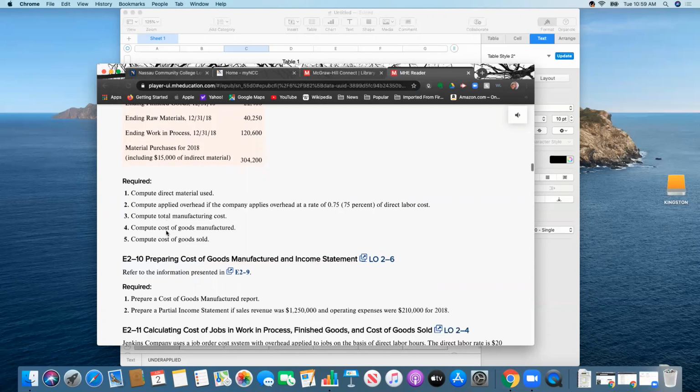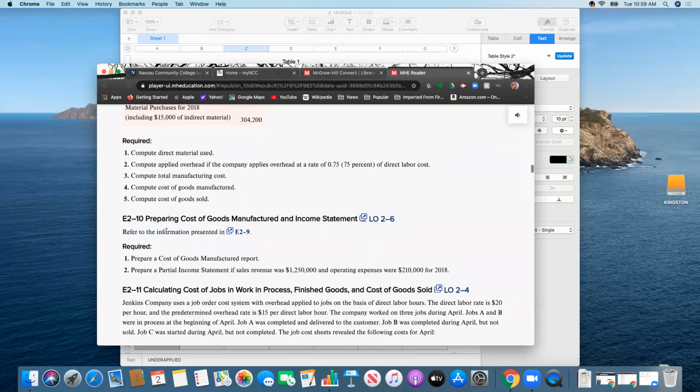Okay. And then what they want you to do in number 10 is prepare a cost of goods manufactured report. So what I'm thinking is if we prepared this cost of goods manufactured report, we would be answering number 1, number 3, and number 4. Right? And then if we prepare a partial income statement, we would be preparing number 5.